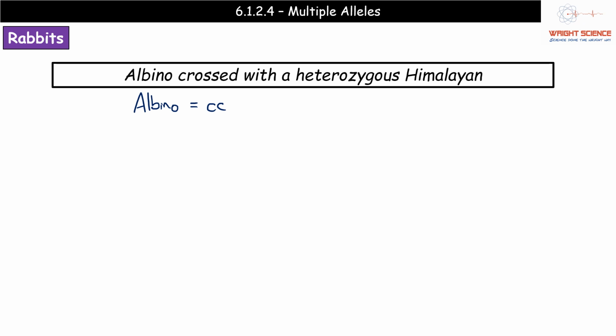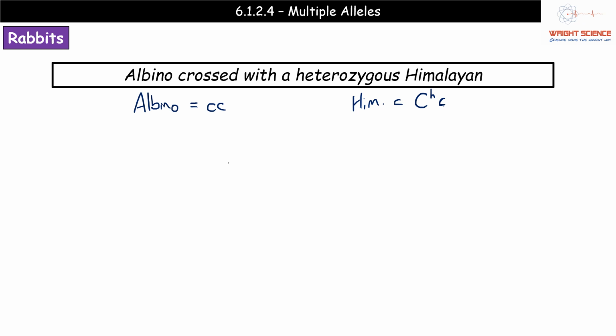We're then going to be crossing that with our Himalayan, and this Himalayan is heterozygous, which means different alleles. So that means we must have the Himalayan allele, which is the C with a little h in the top right superscript position. And the only way we could have that is if the other allele was the lowercase c, because obviously Himalayan comes third in our hierarchy as we just saw.